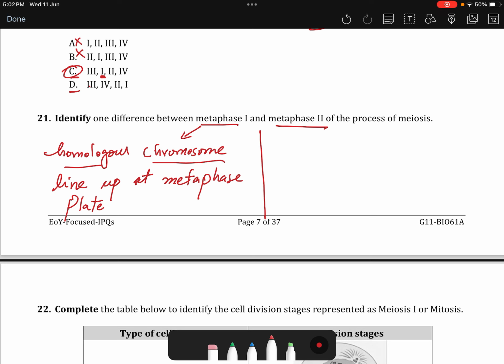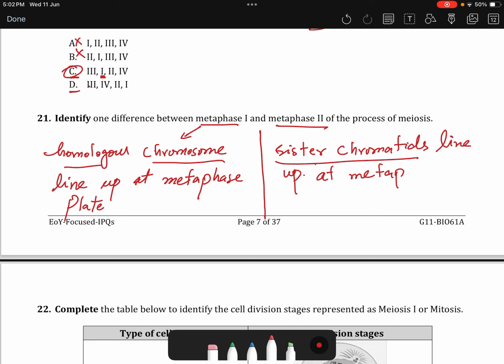In metaphase 2, you can say sister chromatids line up at the metaphase plate. Rather than saying sister chromatids, you can say only chromosomes, like we say it here: the chromosomes line up at the metaphase plate.